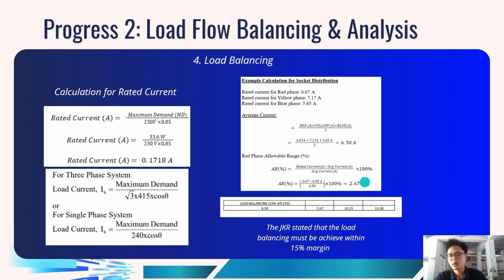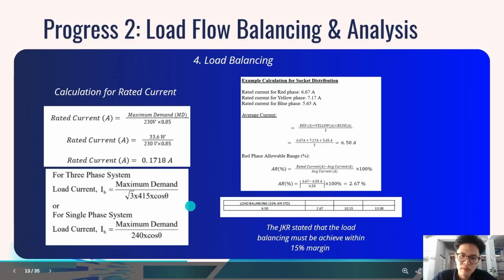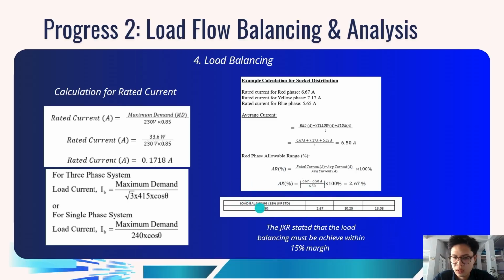Then we have our allowable range. This will be repeated for yellow and blue phases. So this is the result from the calculations, where our system has 6.50%, which is lower than 15%. So it can be used, which means that our load is balanced.